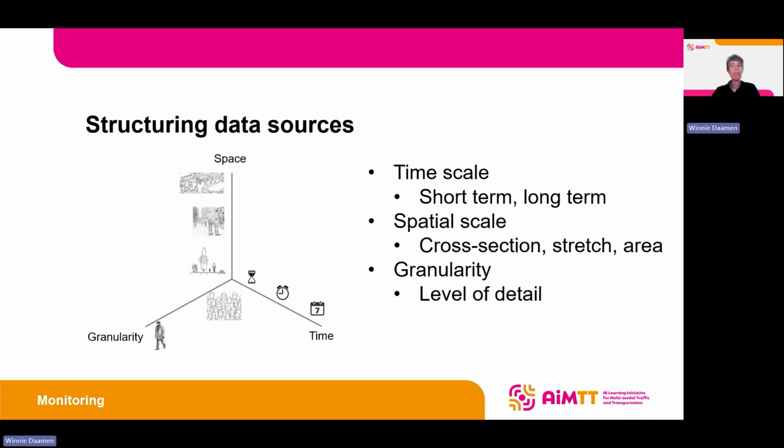Granularity refers to the level of detail, ranging from individual trajectories with a lot of information on a single person to aggregated flow patterns with limited information on a crowd. Structuring data this way helps us compare different sources and integrate them into a coherent operational picture.